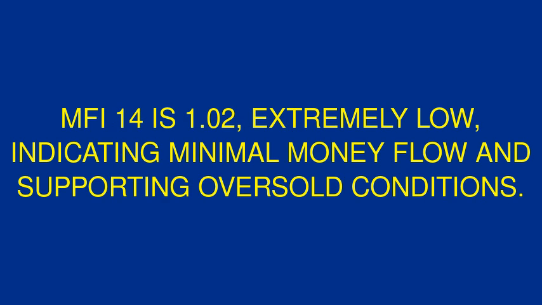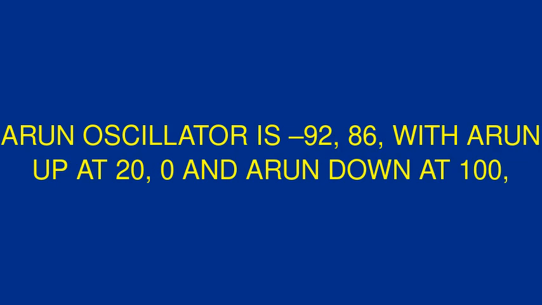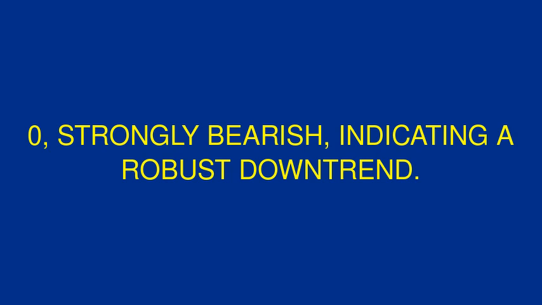MFI 14 is 1.02, extremely low, indicating minimal money flow and supporting oversold conditions. AIRE oscillator is -92.86, with AIRE up at 20.0 and AIRE down at 100.0, strongly bearish, indicating a robust downtrend.